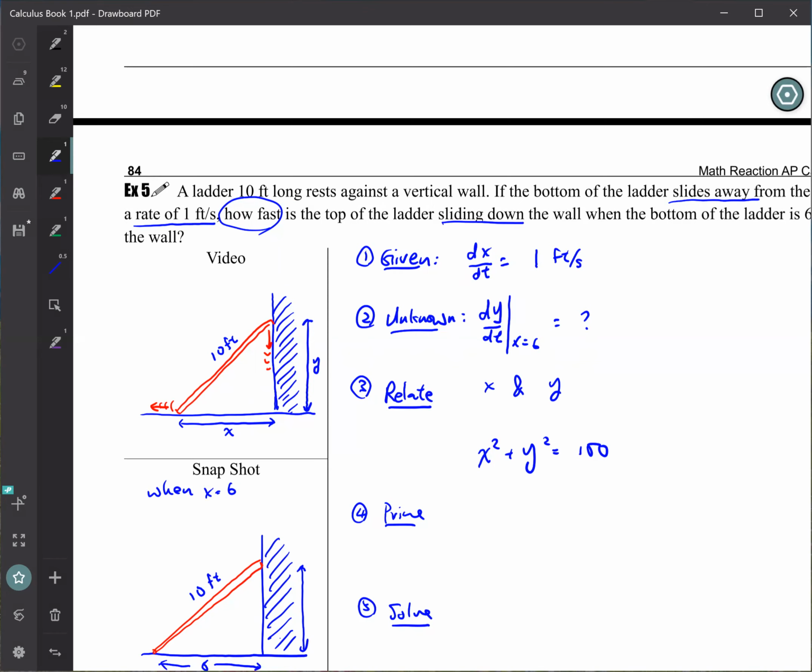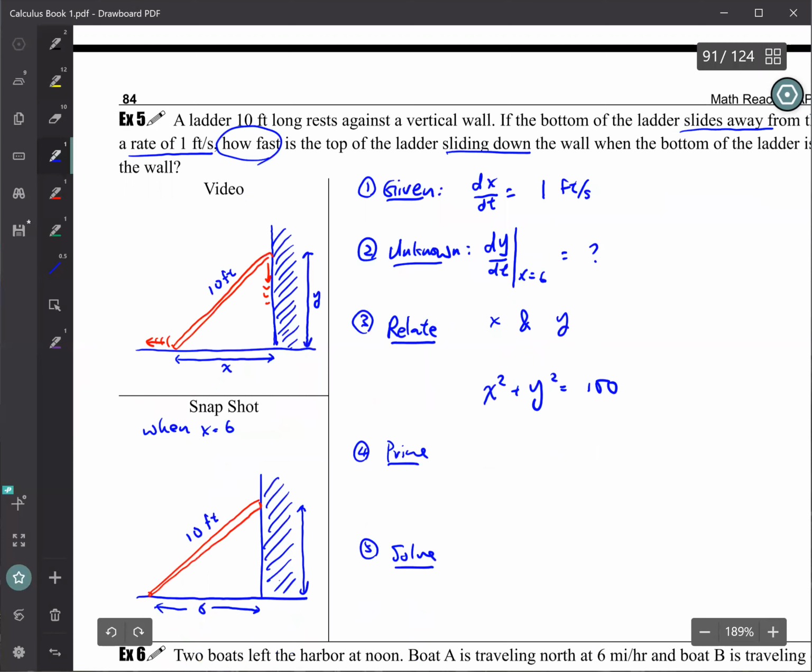So for a triangle, there could be 3 ways: Pythagoras, trigonometry, similar triangles, and also area. Did I say area before? I forgot. Okay. So anything you learned before, you just check if they have what you want.